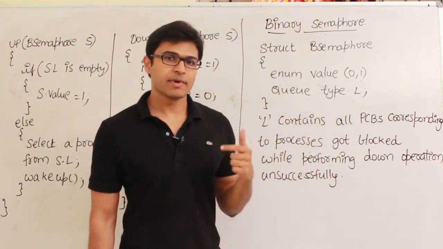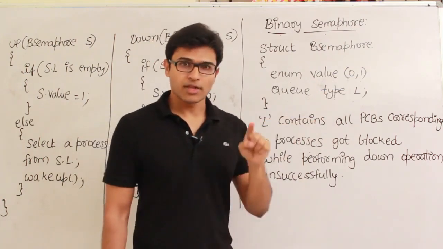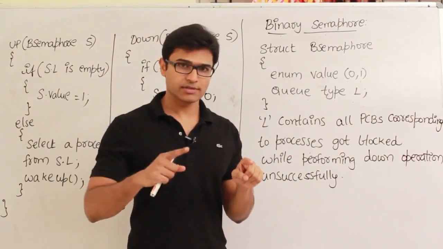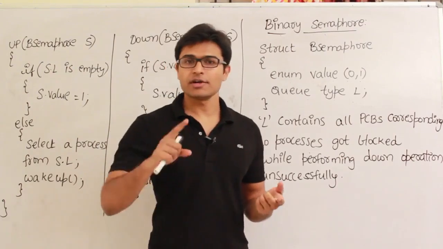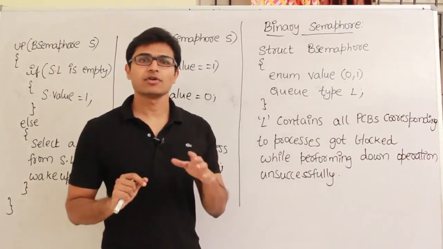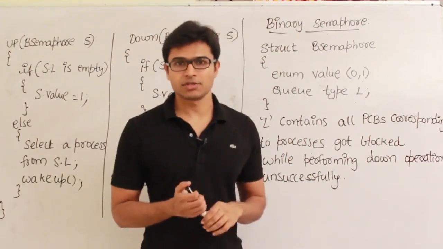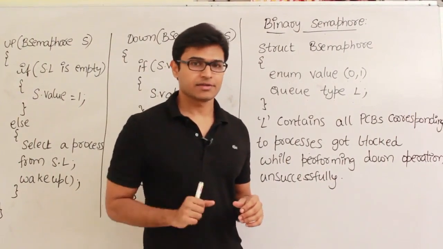So now since it is a binary semaphore, it is going to take only two values, 0 and 1. 1 means it is available, which means whoever tries to do down on this can enter the critical section, and if it is 0, it means that already someone is inside the critical section, therefore you are not supposed to enter. So it is strictly used for mutual exclusion. Mutual exclusion means only one process can enter the critical section, isn't it?